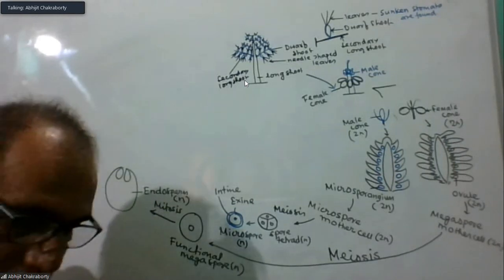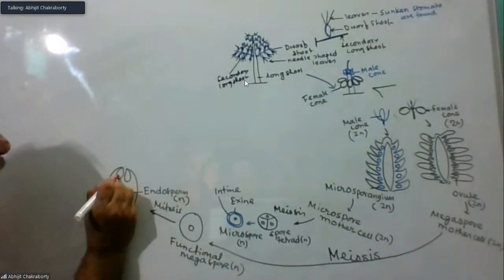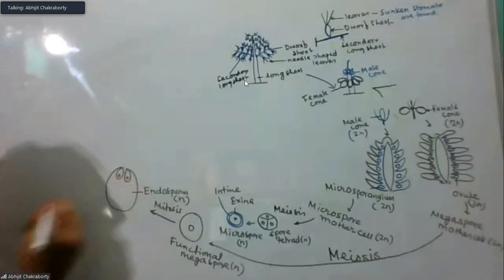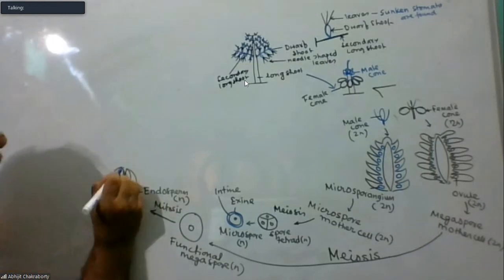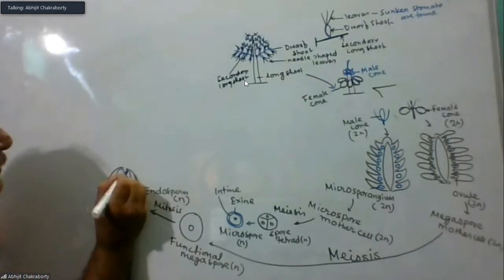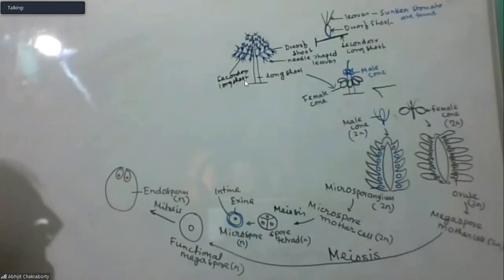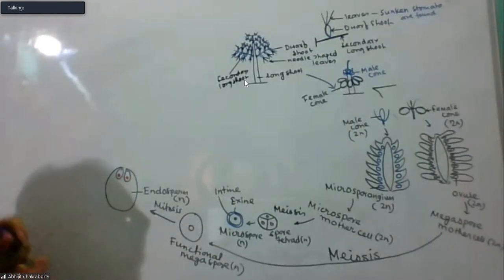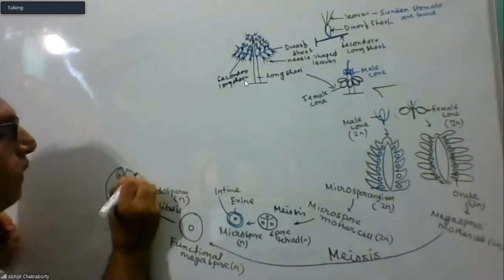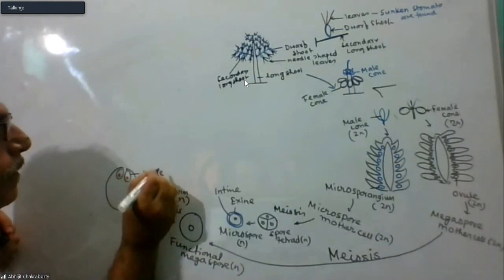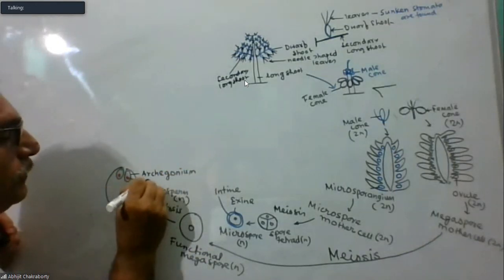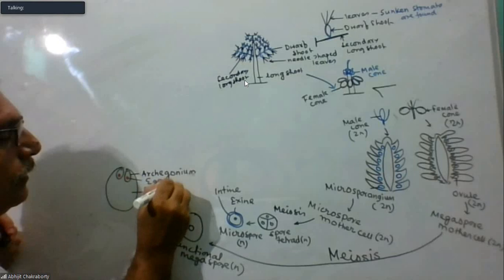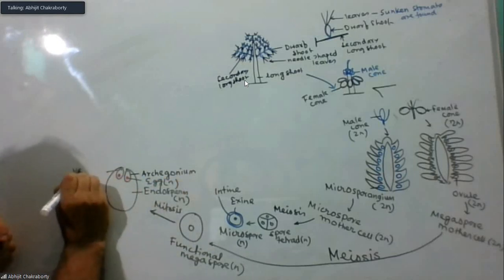Inside the archegonia, you will get one egg and one small ventral canal cell. So you can write archegonium. This is the egg, and this one is ventral canal cell.